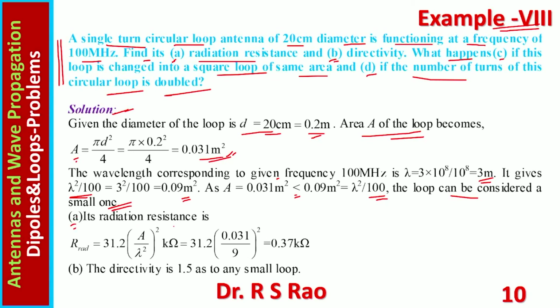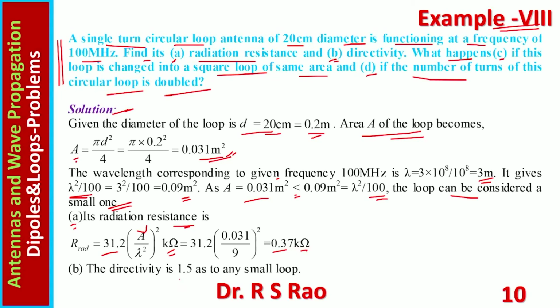A, radiation resistance. Formula for radiation resistance of a small loop is 31.2 multiplied by A by lambda square whole square kilo ohms. Area, we have already computed, 0.031 meter square. Wavelength, it is already found, 3 meters. Now substitution gives radiation resistance of the loop as 0.37 kilo ohms.